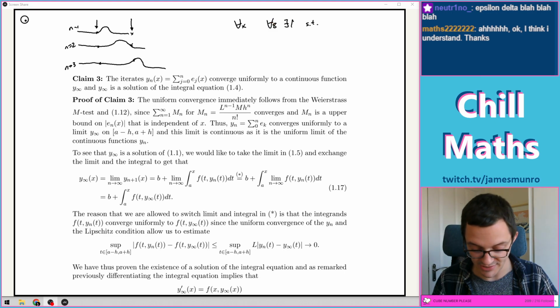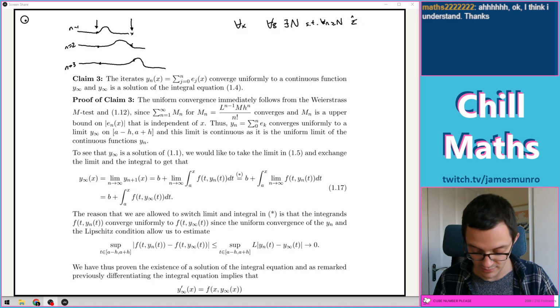For all epsilon, there exists an n such that for all n greater than or equal to big N, the sum of the first n terms, after you get that far, differs from the target that you're going to by at most epsilon.